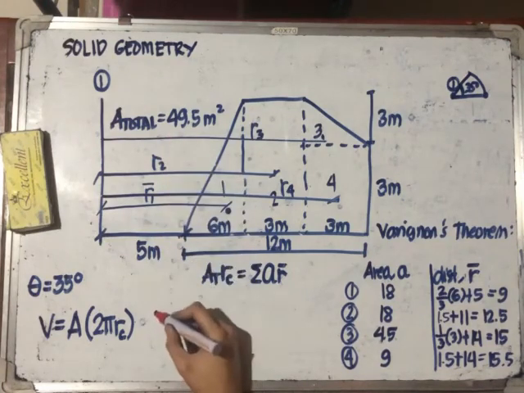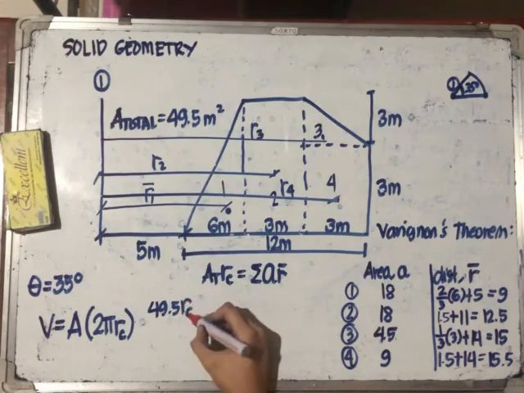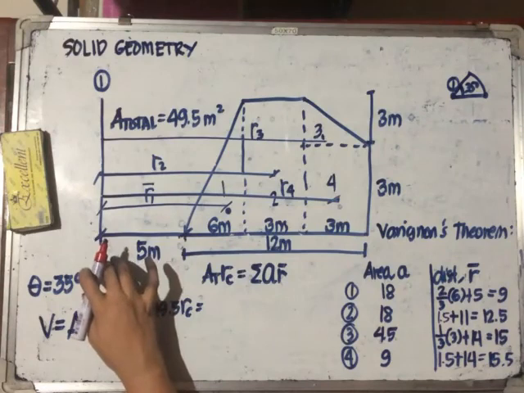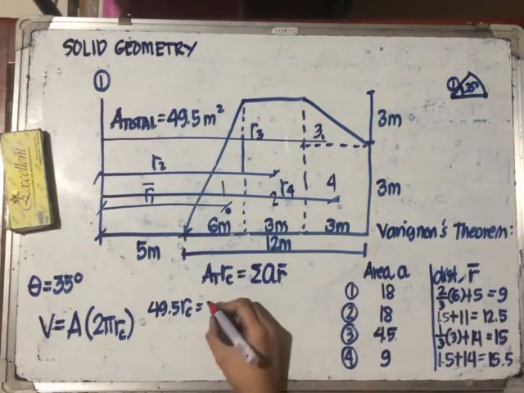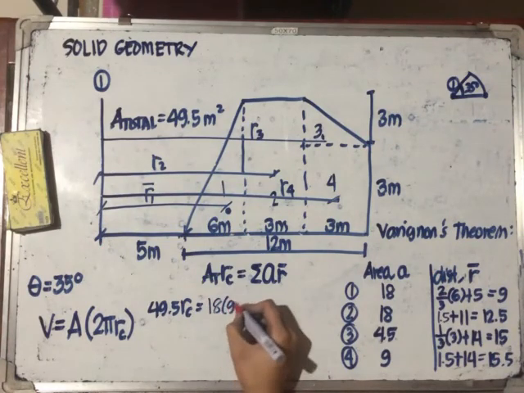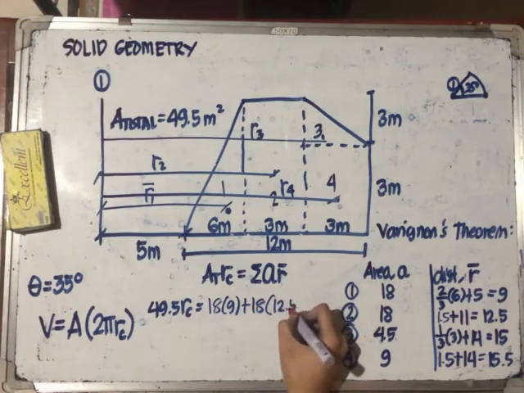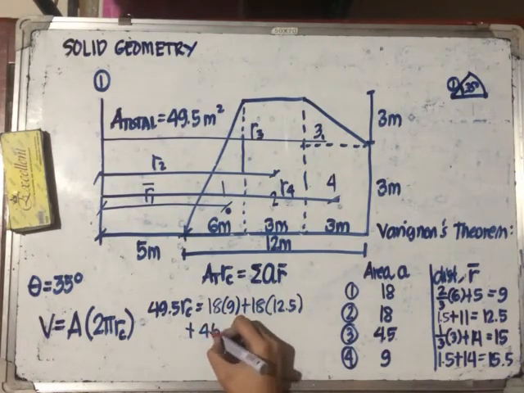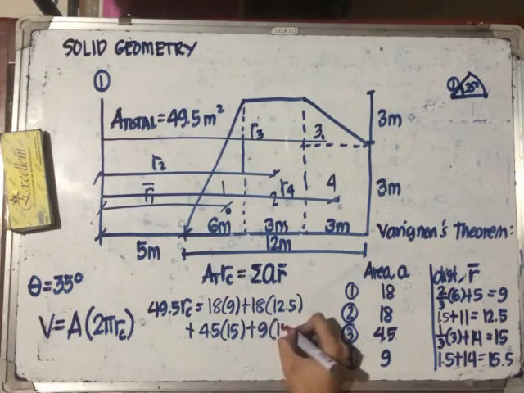Area total is 49.5. R sub C is what is unknown. That's the centroid of the entire figure with respect to this one. Okay? Summation of area times R. So, that would be 18 times 9 plus 18 times 12.5 plus 4.5 times 15 plus 9 times 15.5.